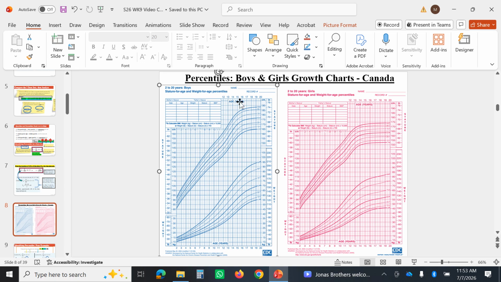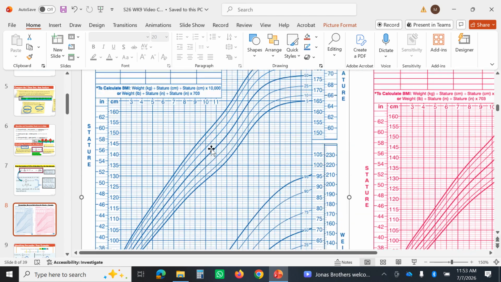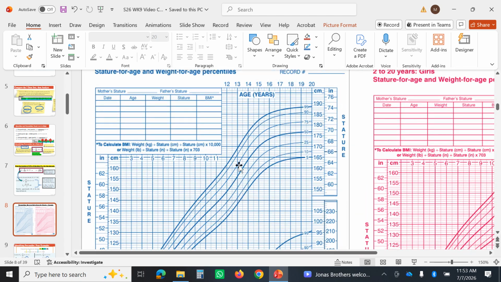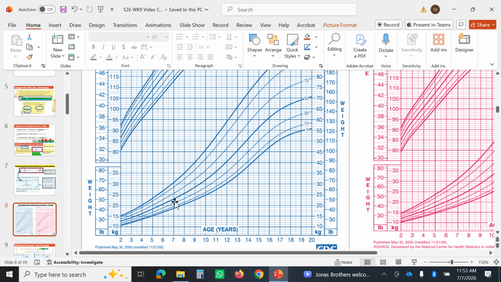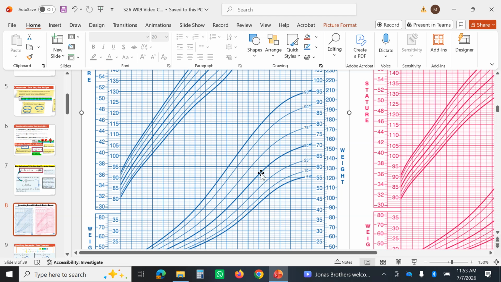The whole idea is percentile growth charts for boys and girls. There's height and weight on all of these. So these are the weights of children across Canada. You have the 50th percentile, the 25th, the 10th, 75th, 90th, 95th percentile.